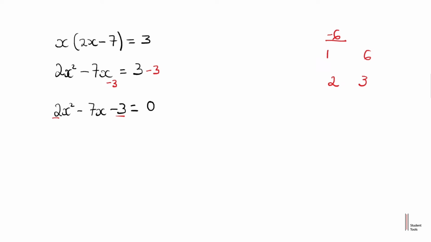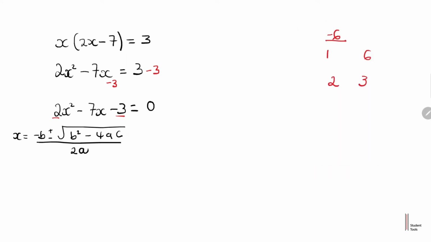So that means this expression cannot be factorized. When we cannot factorize an expression, we use the quadratic formula. So the quadratic formula: x equals negative b plus or minus the square root of b squared minus 4ac, over 2a.